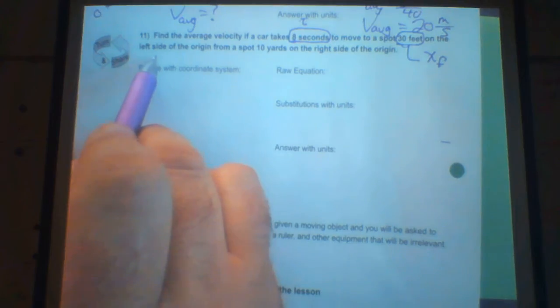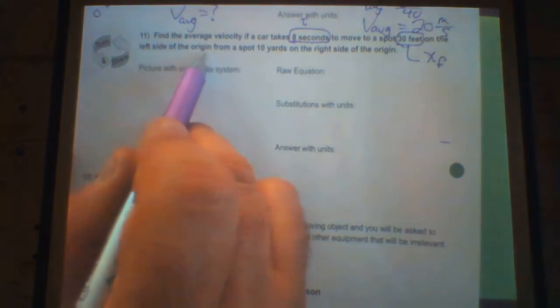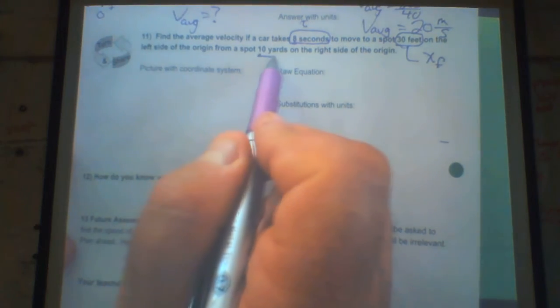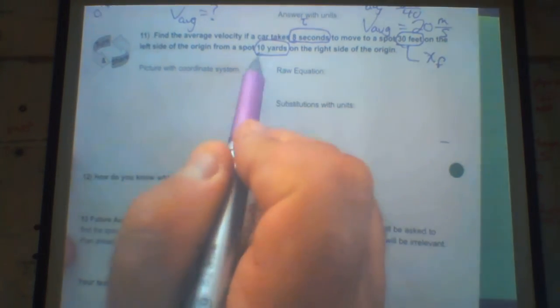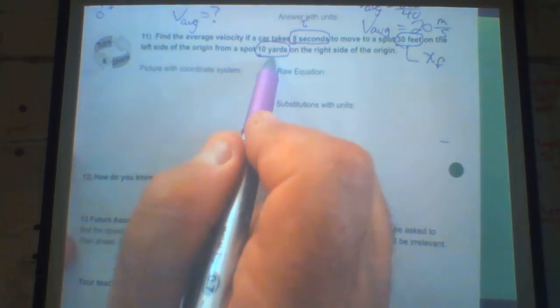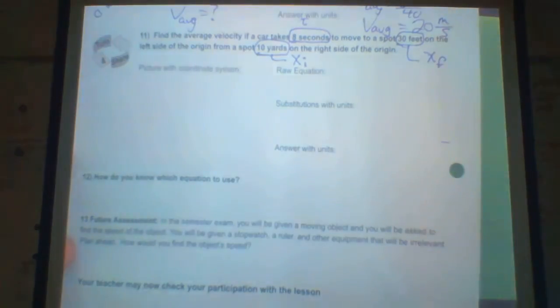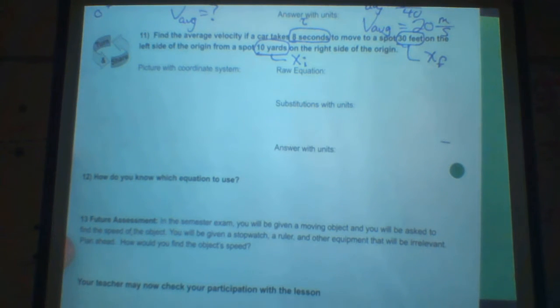That is the final location. It's 30 feet from the left side of the origin. It moves from a spot 10 yards on the right side of the origin. It moves from this location. So that means that this is the initial starting location, x sub i.